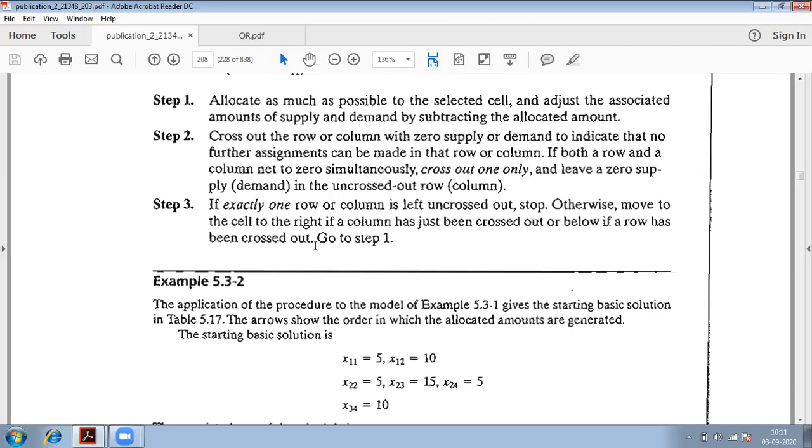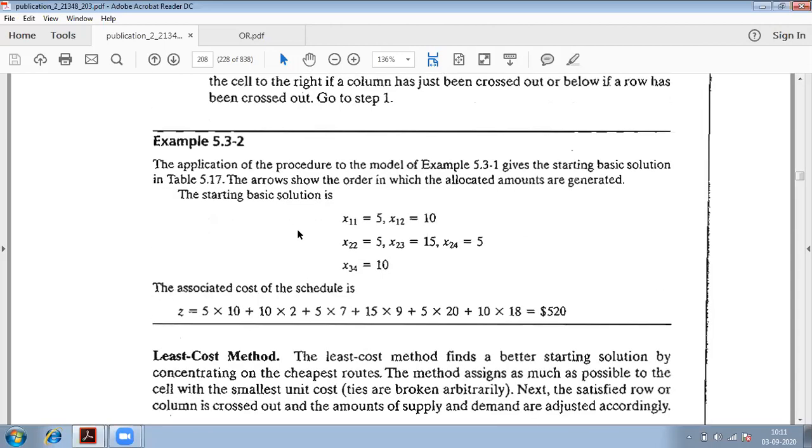So you step down from 1,1, to 1,2, and therefore you go down to 2,2 and 2,3, and again 2,3, 2,5, 2,4, 3,4, like that. You have to solve it.